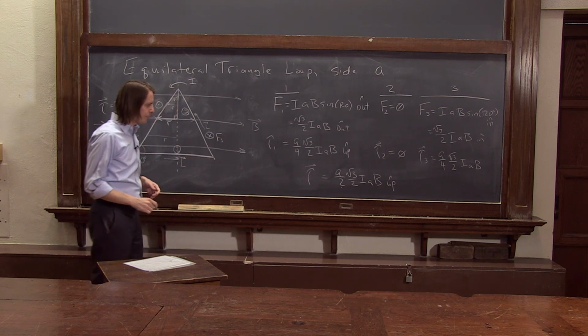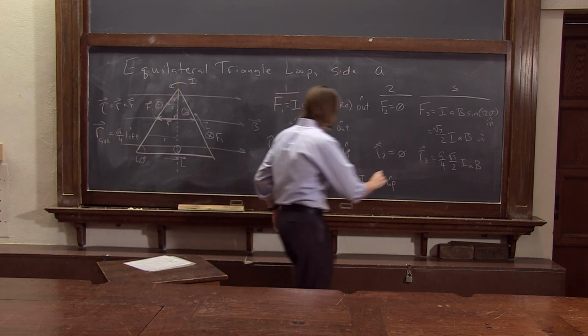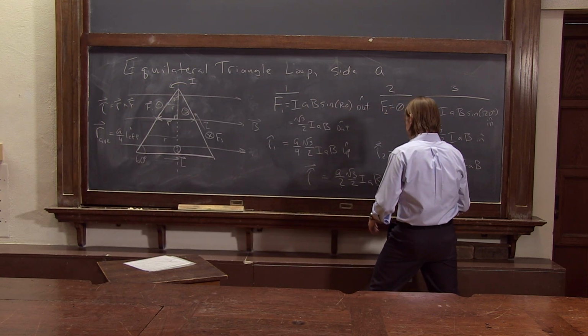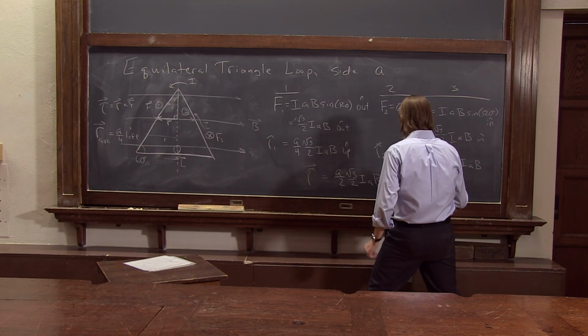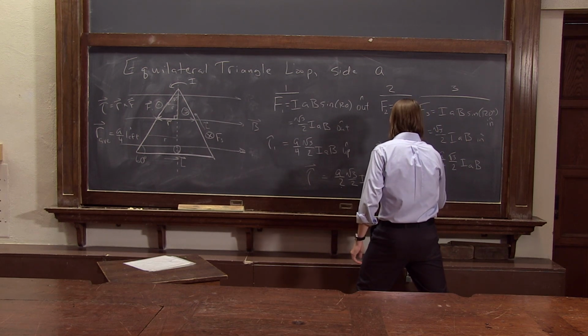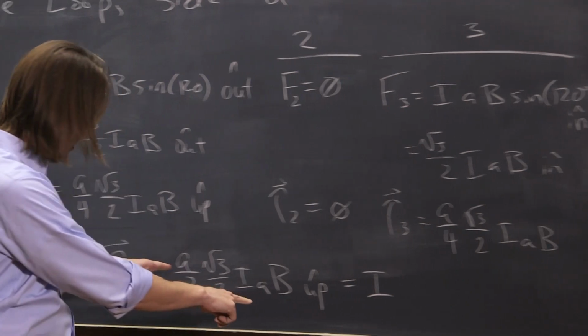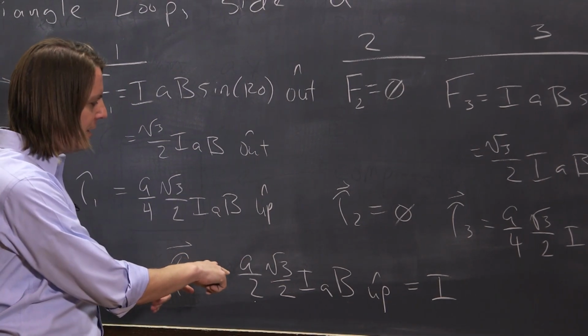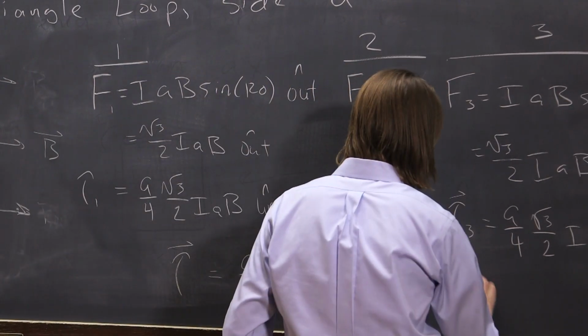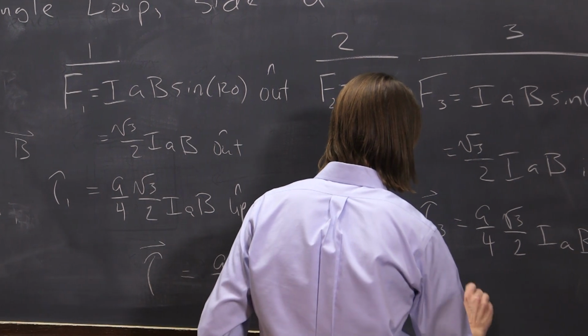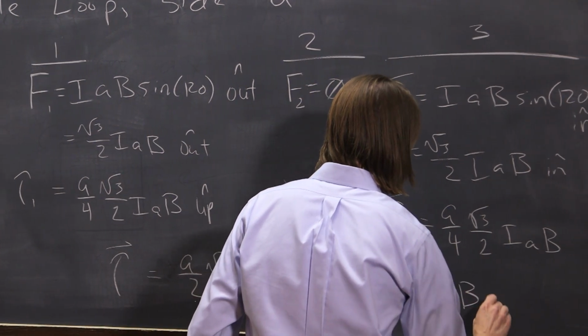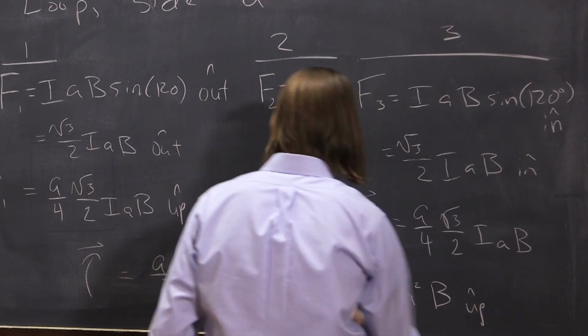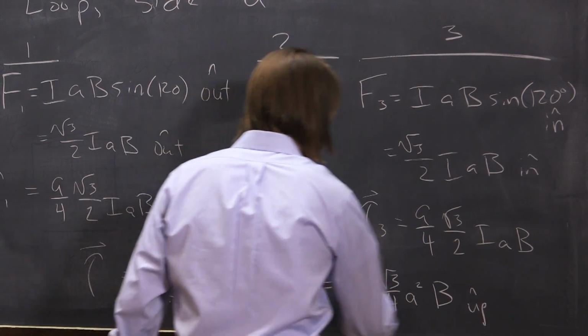We just added them. And now let's simplify it a little bit. And it becomes, let's see, i first, and then it's a square root of 3 over 4 a squared, B up. So there is your torque.